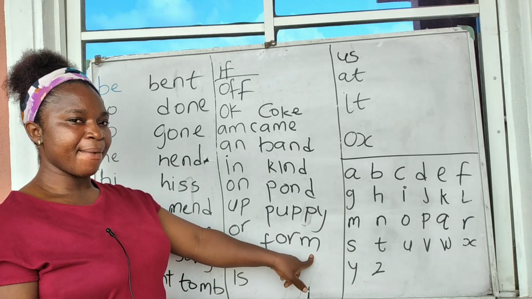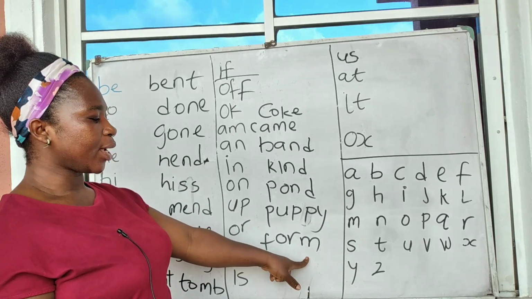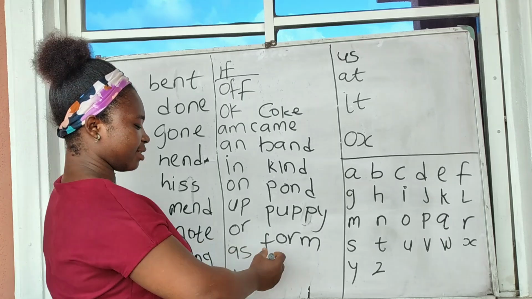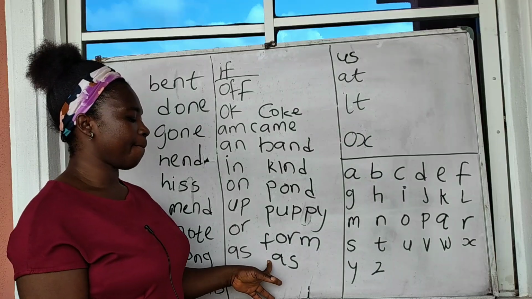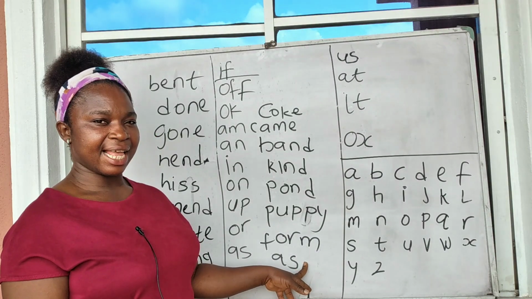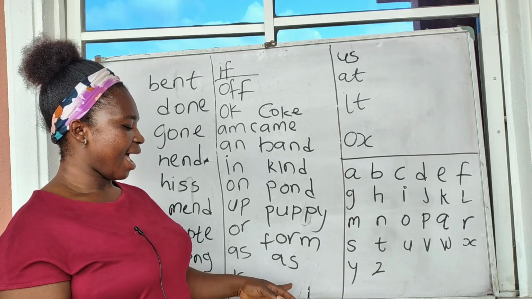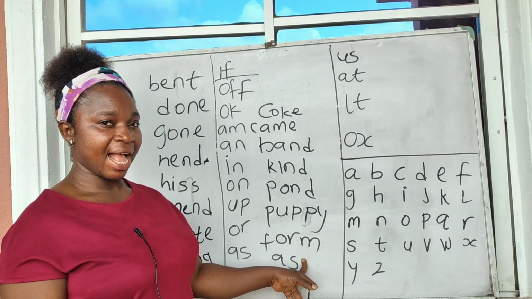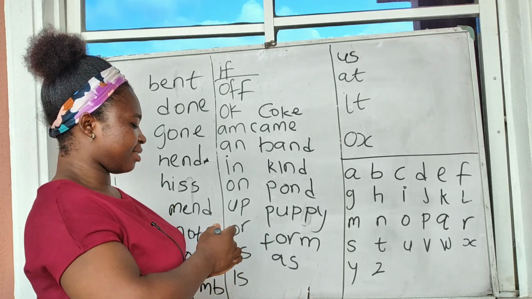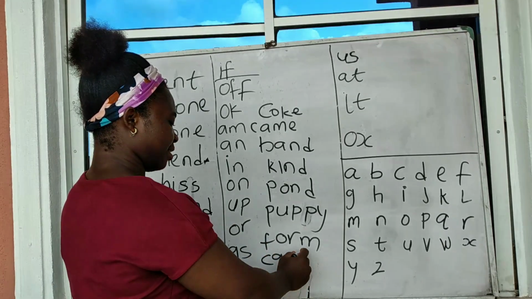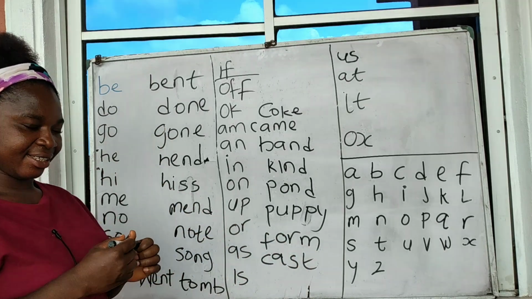And we have M added, it is form, okay? So we move to AS, add P here and add S and have pass. I can decide to add C here and add T here, it becomes cast, depending on which one. So let's see, I add C and T, I have cast, okay?